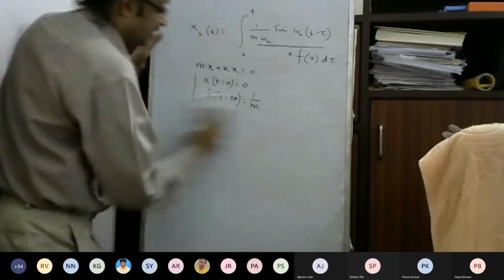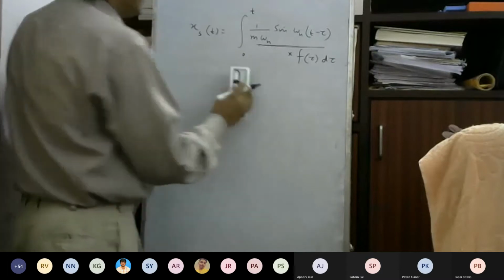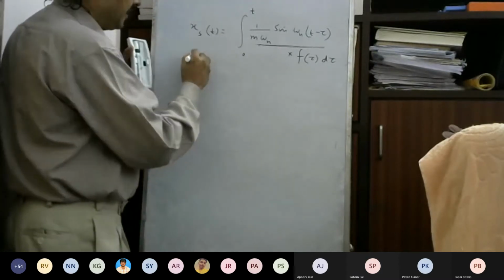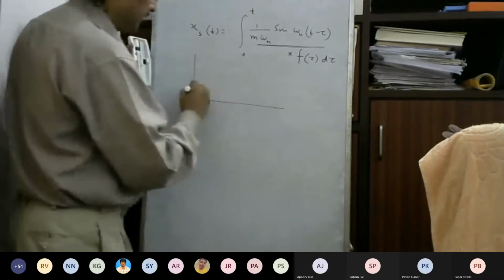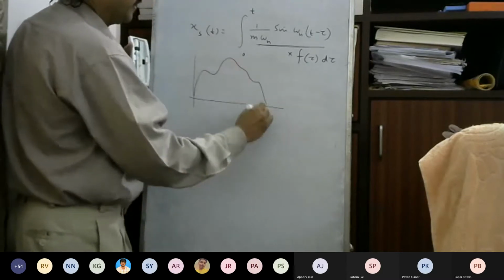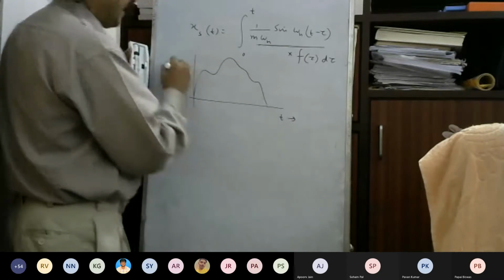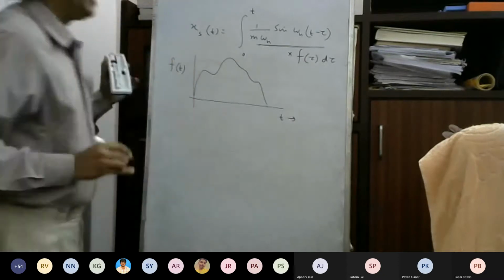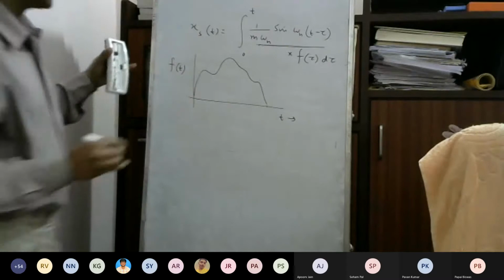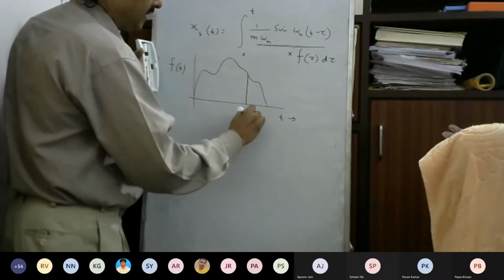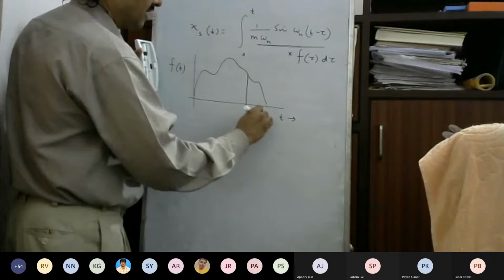Okay. So now, this was the unit impulse response. Now, what is the actual problem we are facing? There is a force, suppose this is t, and we have the forcing function f of t. And I want to calculate the response at time t equal to t star.